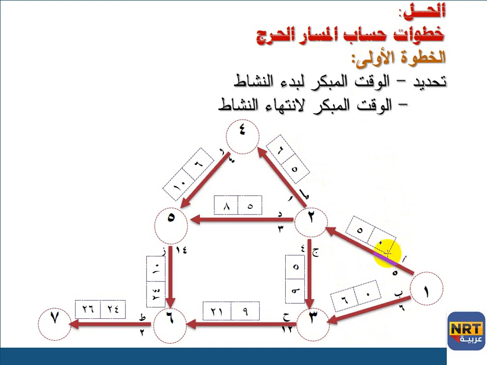Here the start time is 6 and the accomplishment time is 0, as you can see, for each activity visualized in the current business network illustrated in the following figure right in front of you.